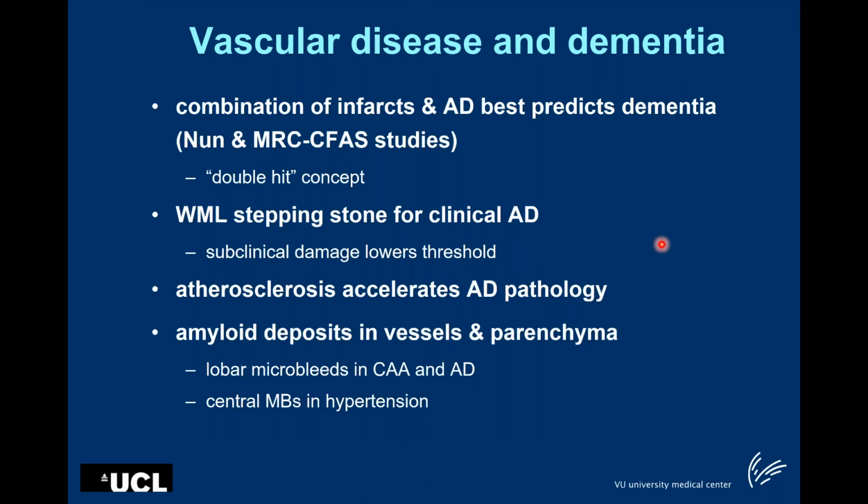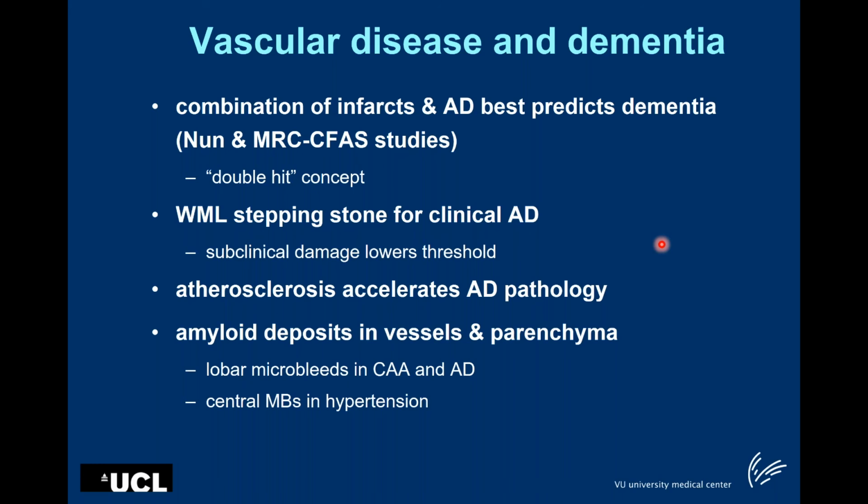So it's an independent risk factor, but it also probably accelerates Alzheimer's disease. It's not completely clear why, but probably if you have impaired blood flow to the brain, there's more amyloid being deposited, and there's an acceleration of a process that's already occurring.